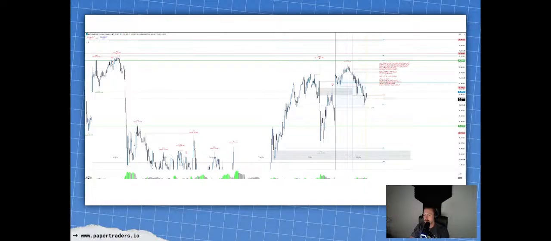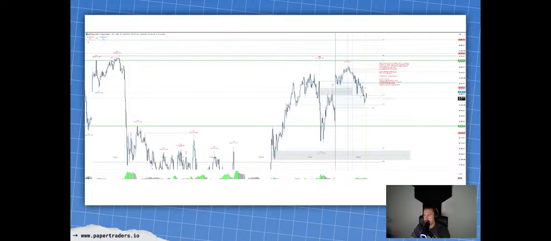On the 15-minute, we don't see any FVGs on the upside where price can reject. So we will be looking either for a really nasty run to the upside through all of that liquidity, or price can retrace lower.